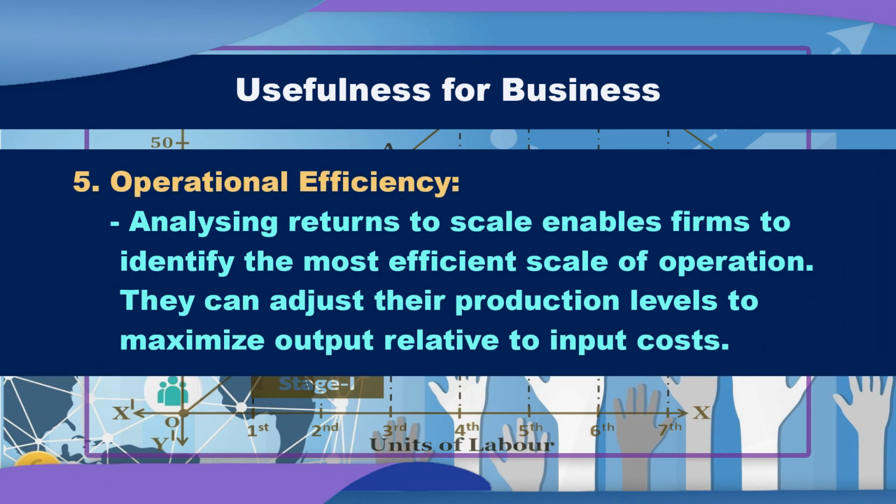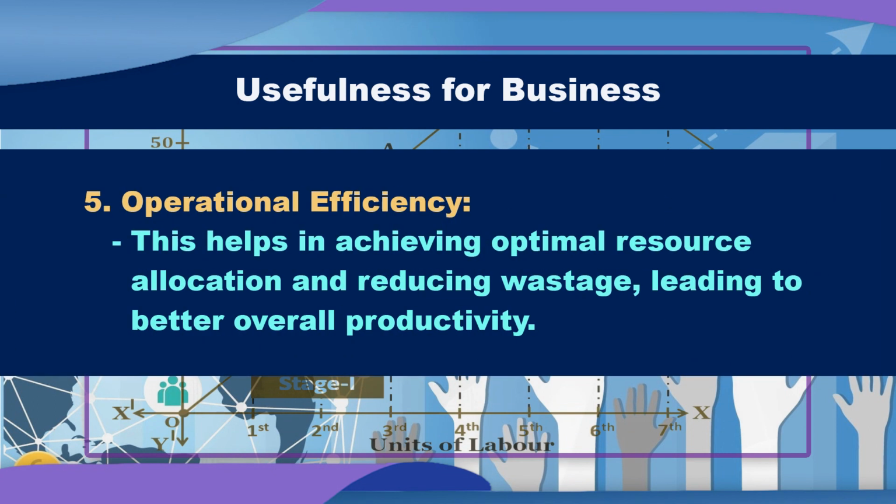Looking at operational efficiency, analyzing returns to scale enables a firm to identify the most efficient scale of production. They can adjust their production levels to maximize output relative to input costs. This helps in achieving optimal resource allocation and reducing wastage, thus leading to better overall productivity.